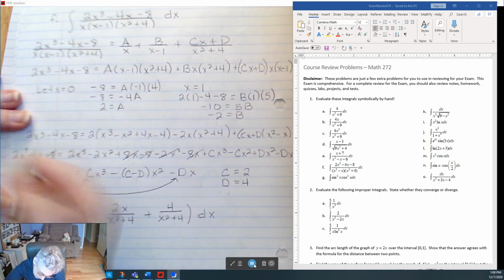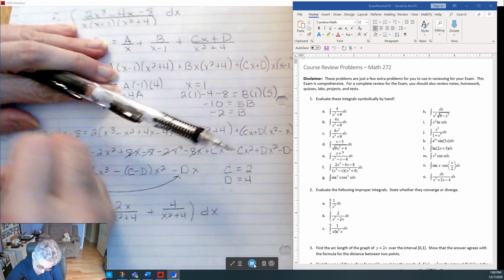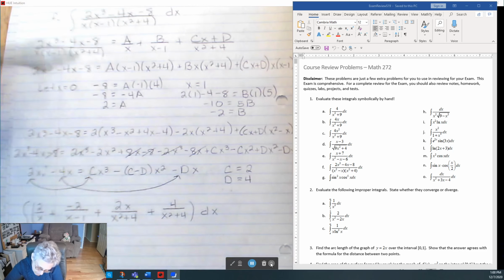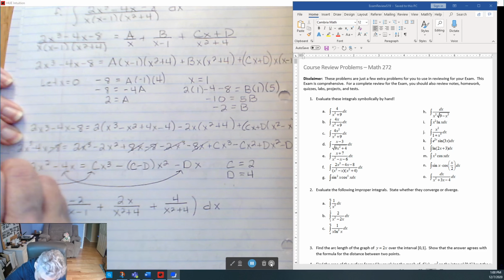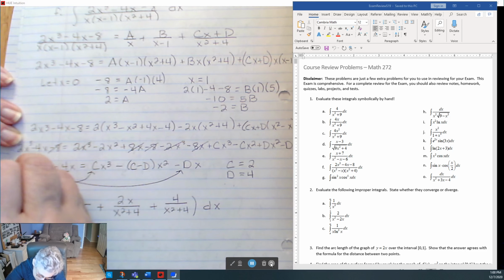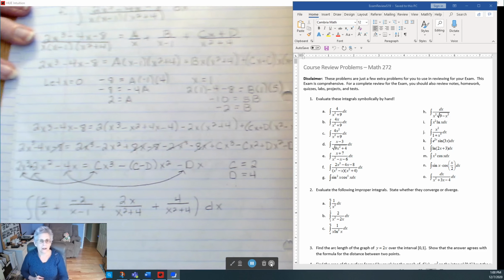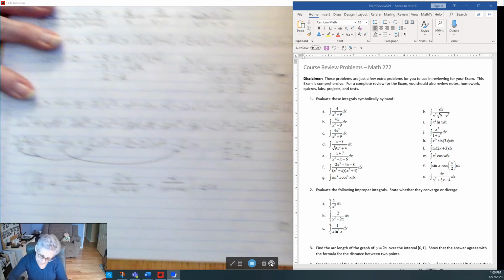Oops, I lost my x cubed. That should be an x cubed there. Well, I do have an x squared. 2x cubed. Over there. And let's see, it was minus over here, so it would be a plus when I pull it over there. Okay, but I end up with c is equal to 2, d is equal to 4.